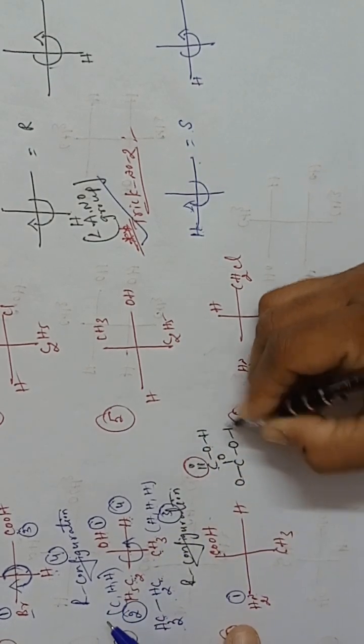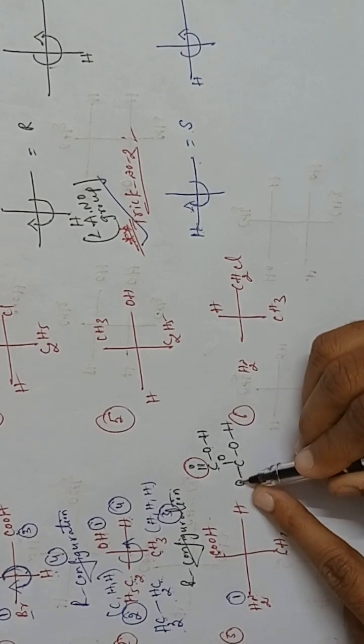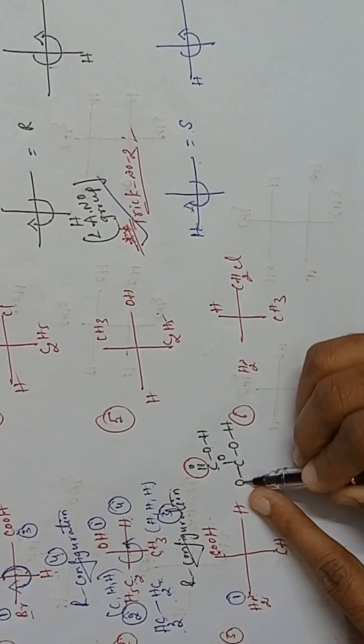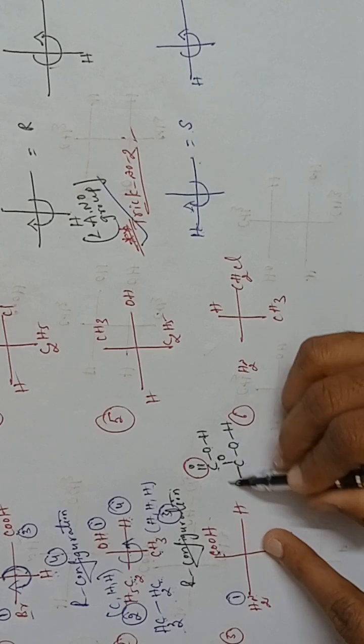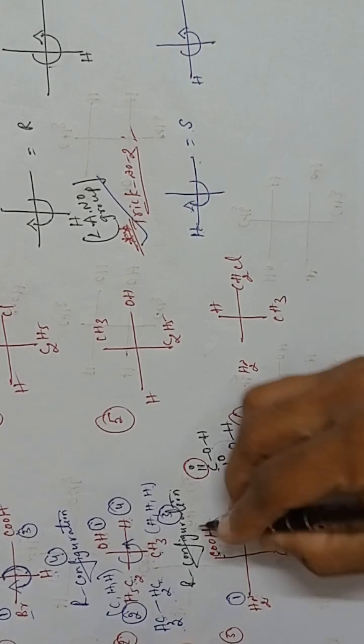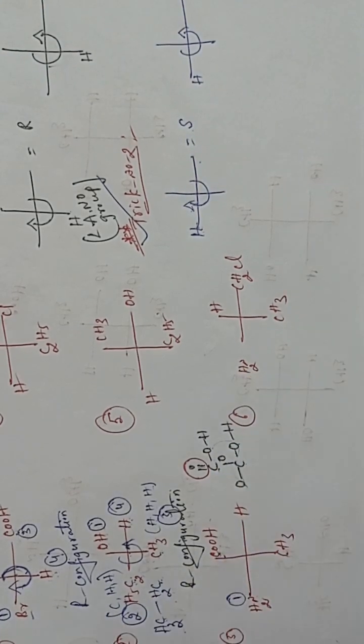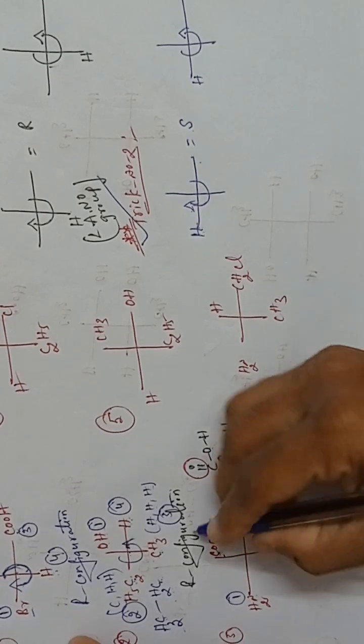Now tell me which 3 atoms are attached to the carbon: oxygen. 3 oxygens attached to the carbon. Are you following? Write the 3 oxygens here.